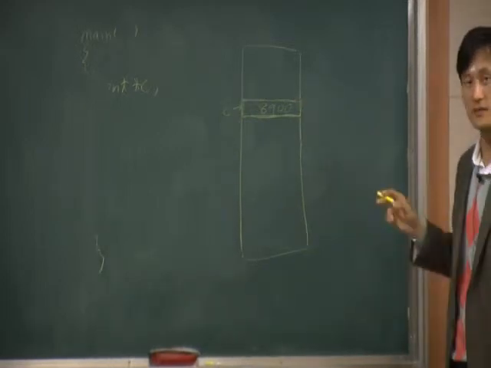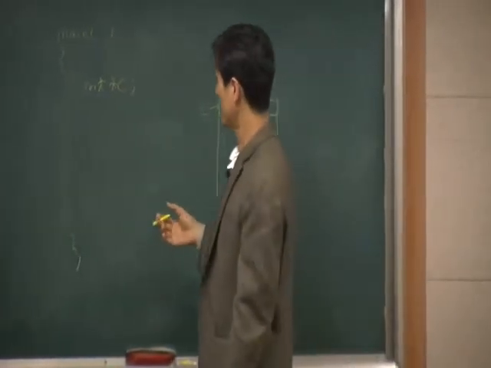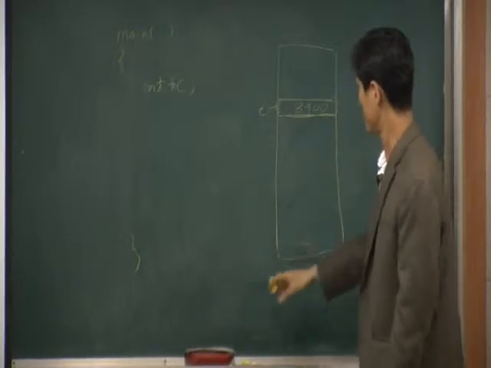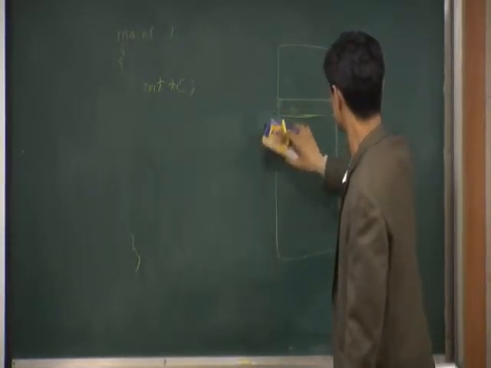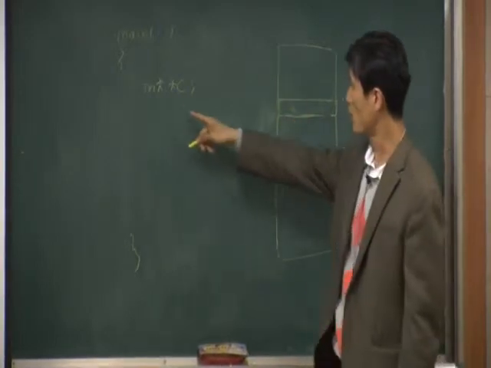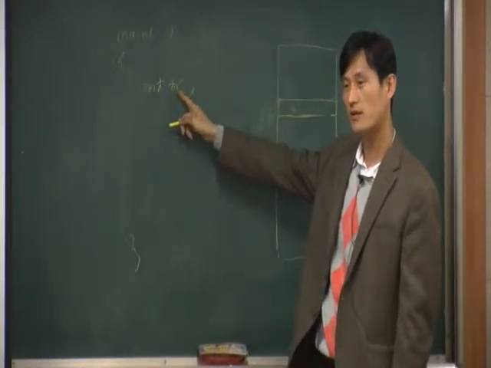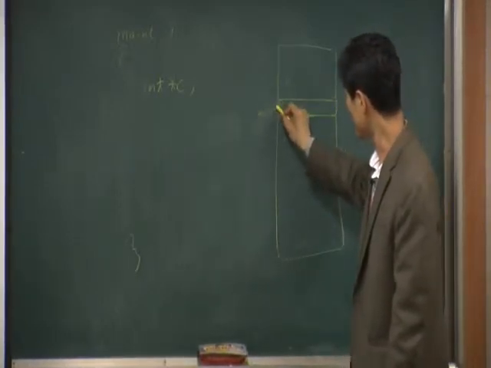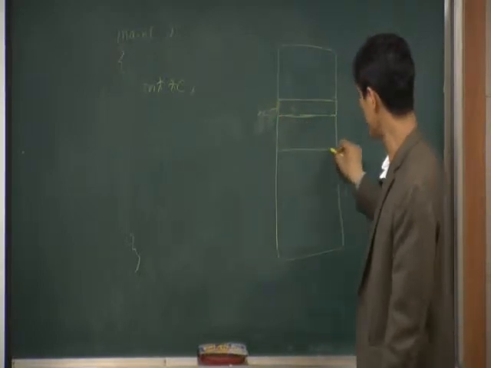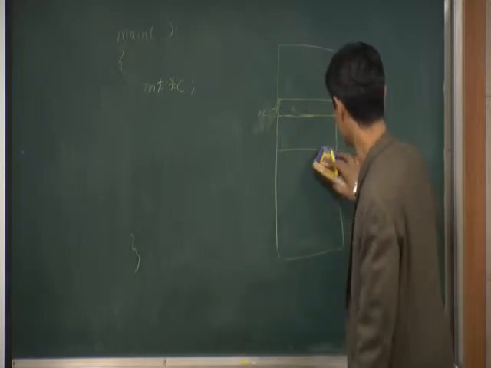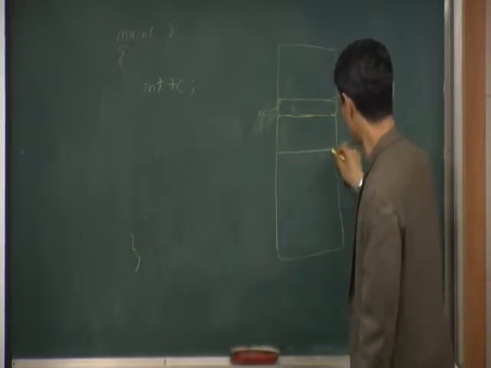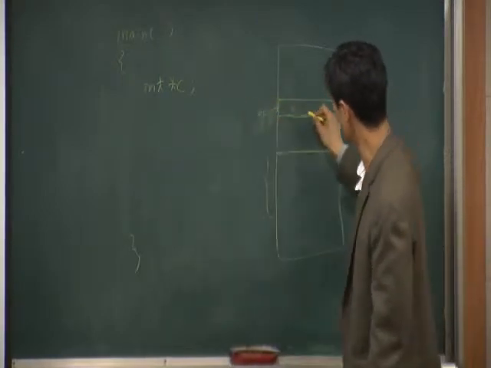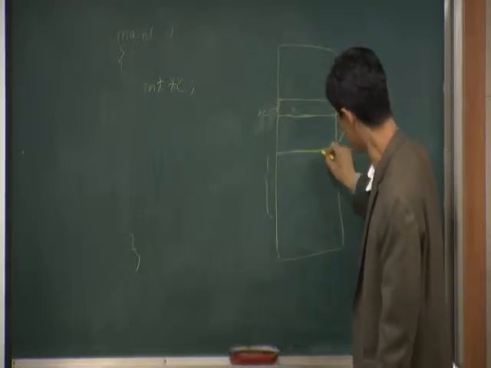Then what happens? Now this is a C. In the C language, in the compiler, when you declare the pointer, this is the pointer declaration, and there is some available space, and this C, the pointer C, will point to this address.